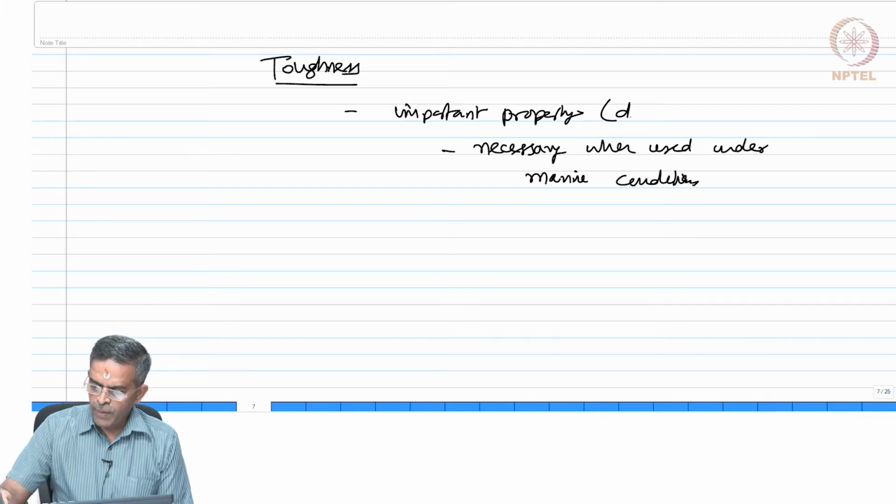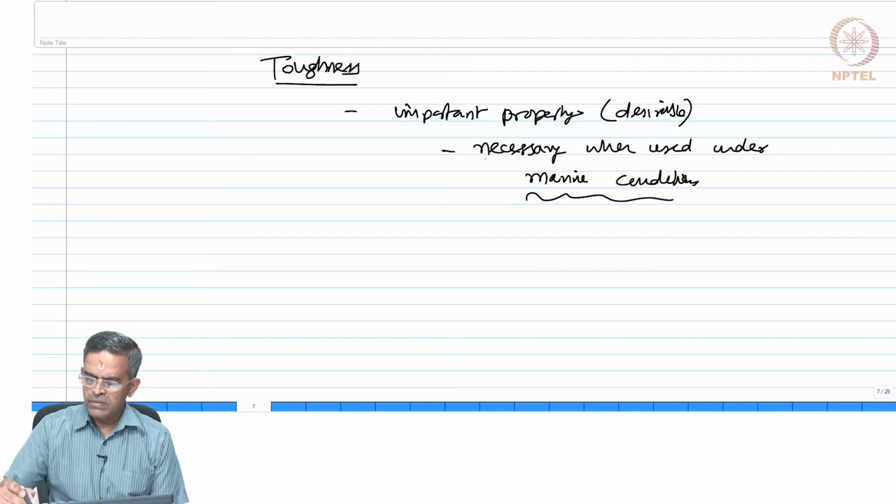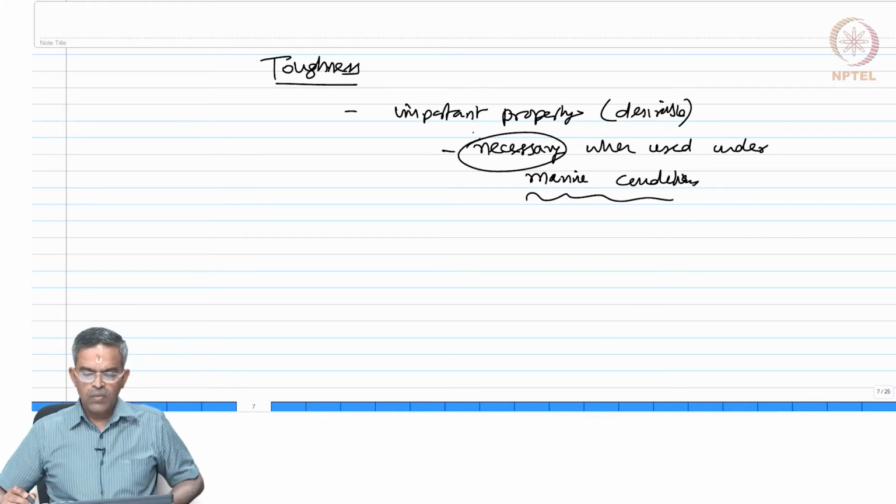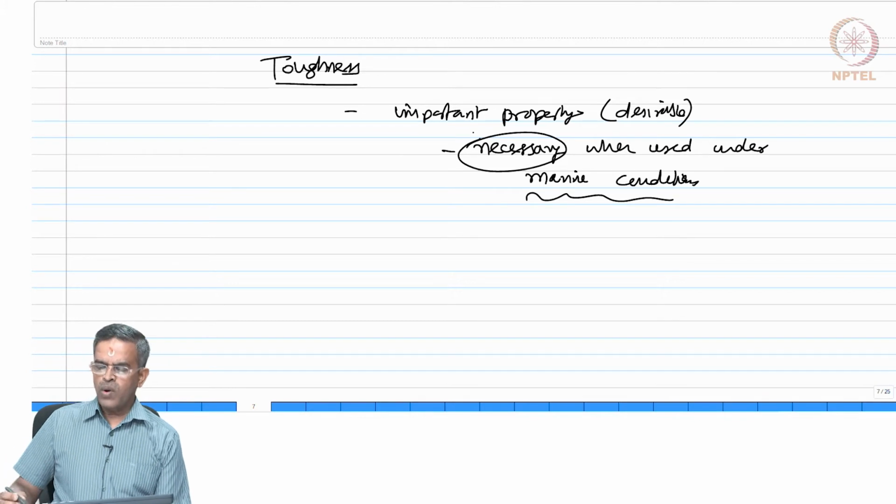It is a desirable property otherwise. When used in marine environment, this is compulsory. One may then quickly recollect what is toughness.